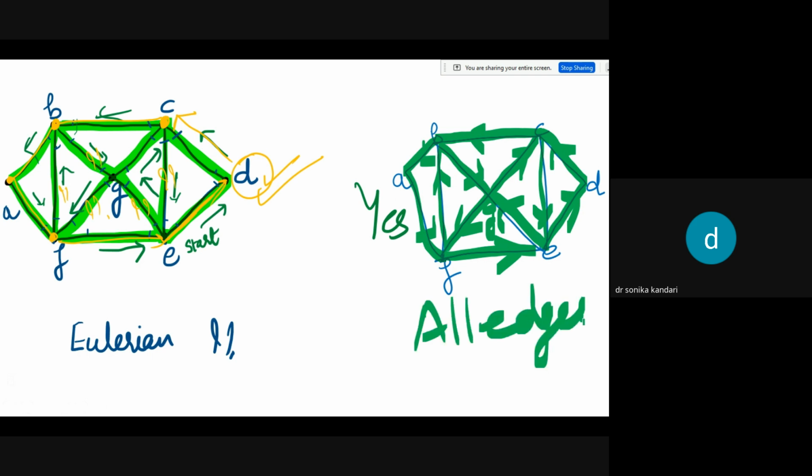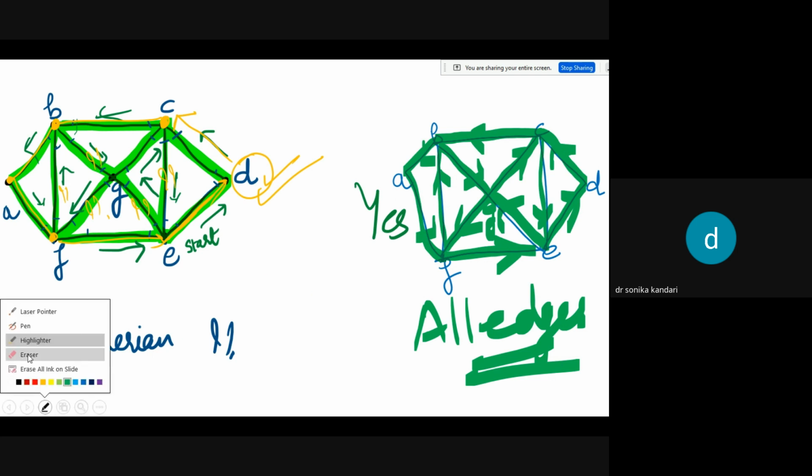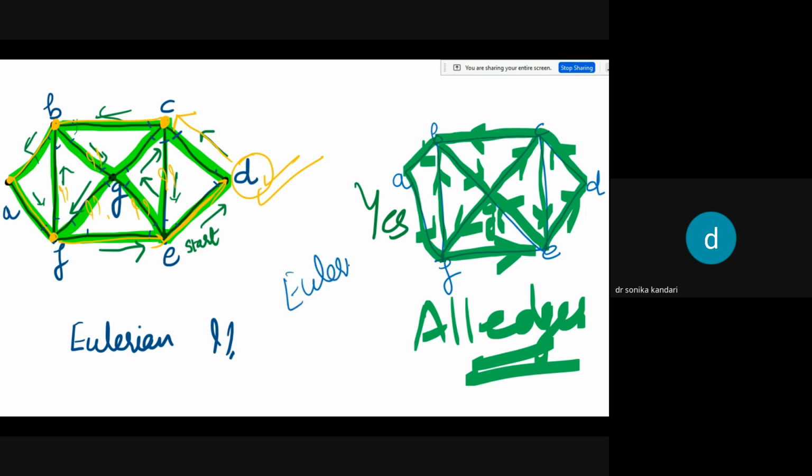This graph has an Eulerian trail, as we are able to cover every edge of the graph once. So if this graph has an Eulerian trail, we can say this graph is an Eulerian graph.